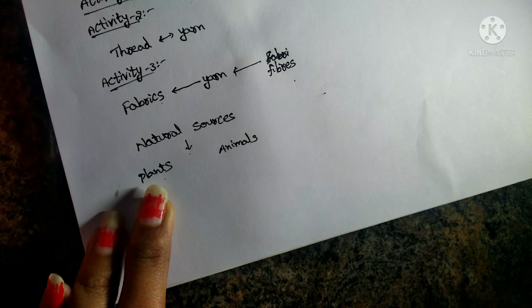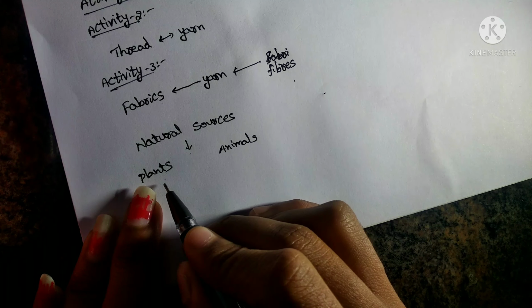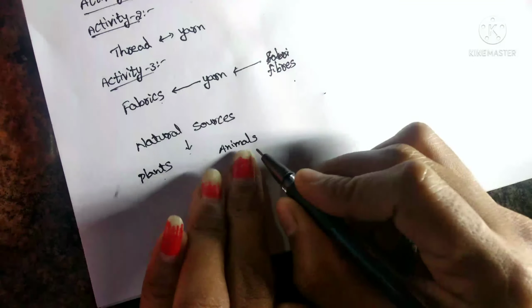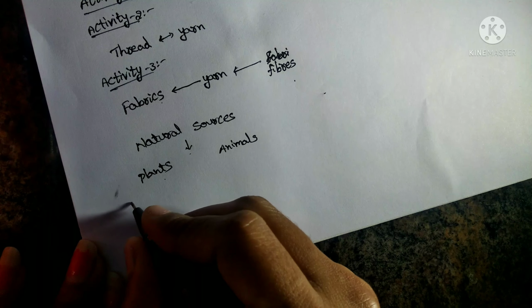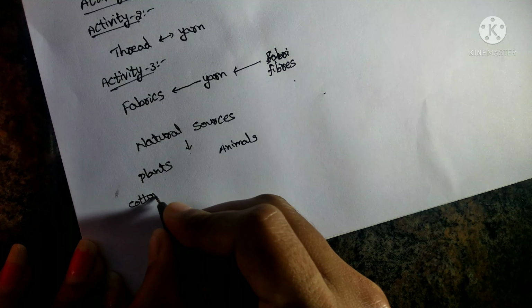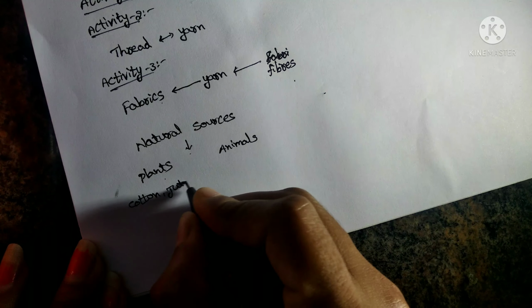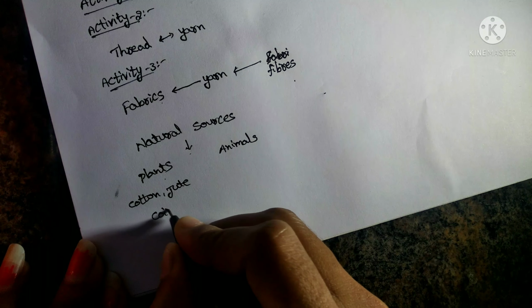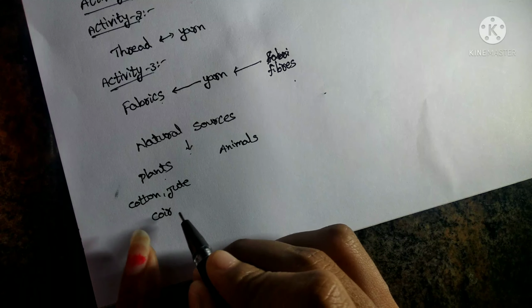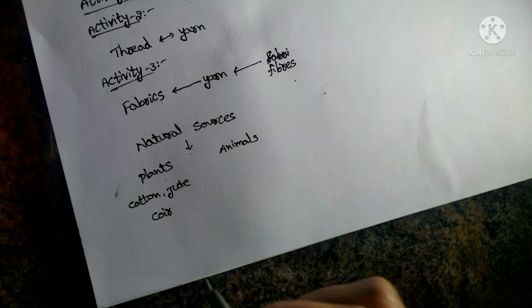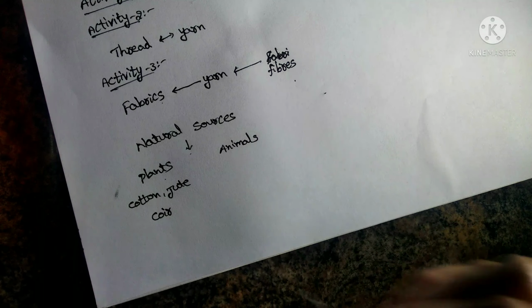The fibers which we get from plants are called plant fibers, and the fibers which we get from animals are called animal fibers. Fibers like cotton, jute and coir, and one more, which we will discuss later, we get from plants. So these can be called plant fibers, because we are getting these fibers from plants.